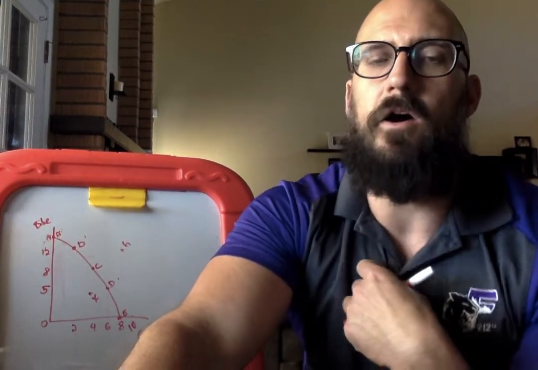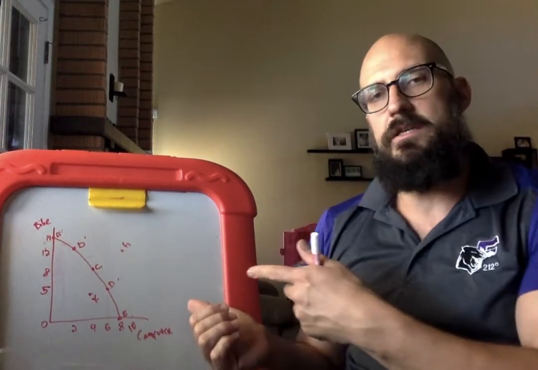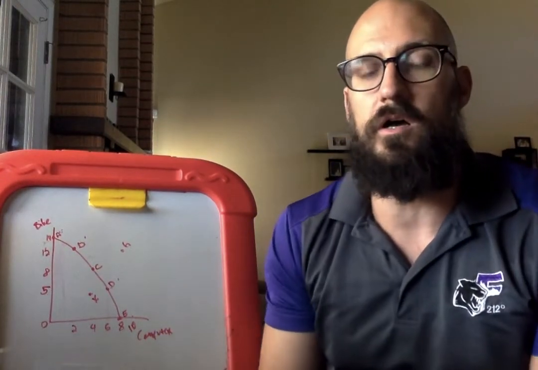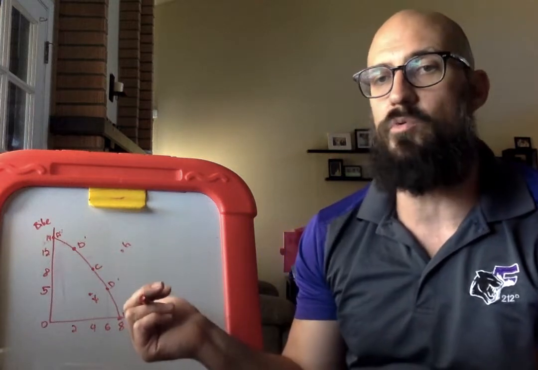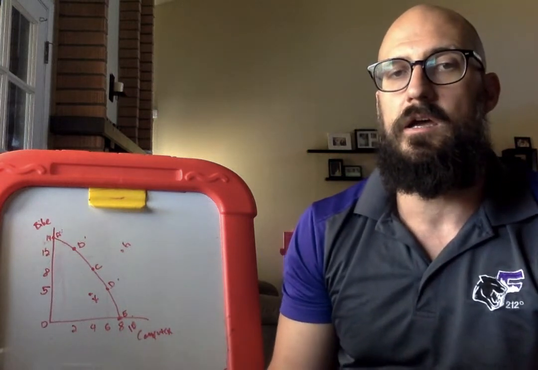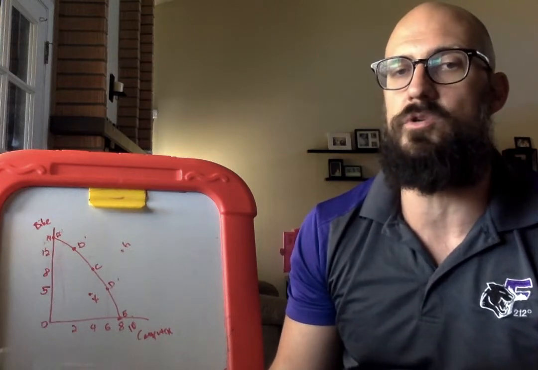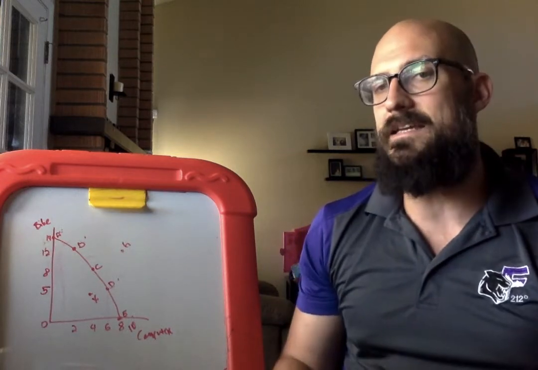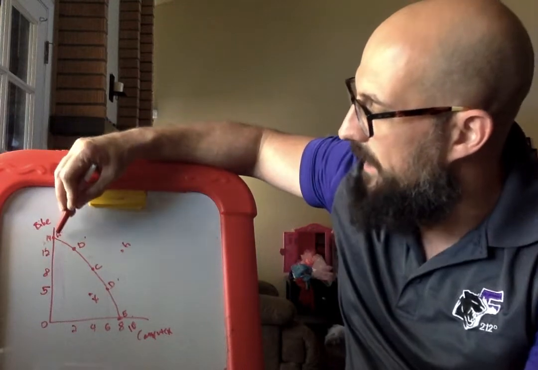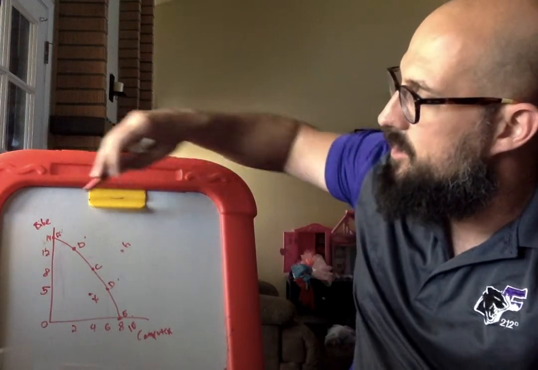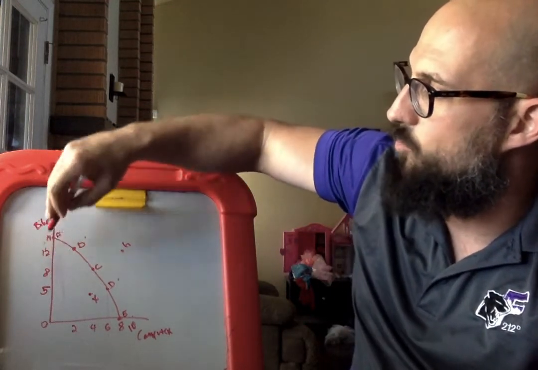Okay. Now let's take, for example, this is not a straight line PPC. This example shows us the law of increasing opportunity cost. And what that is, as you get away from producing bikes and produce more computers, you are giving up more and more bikes.